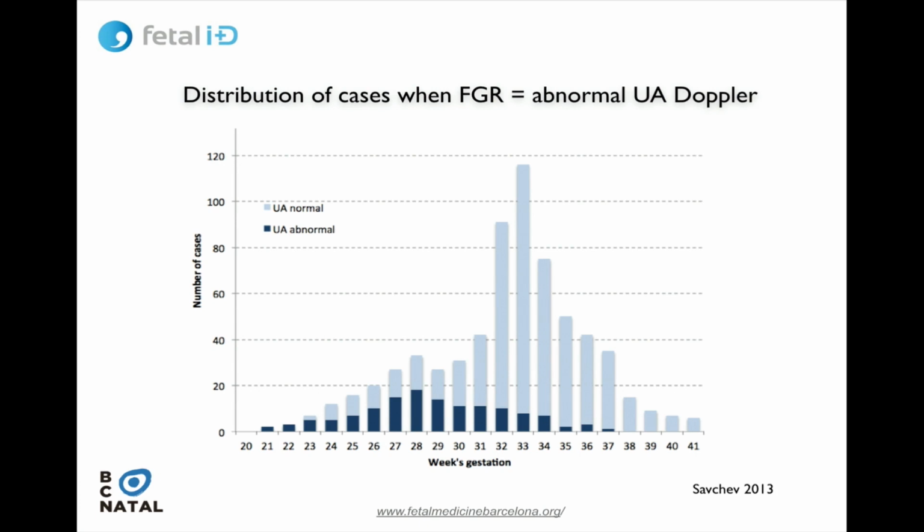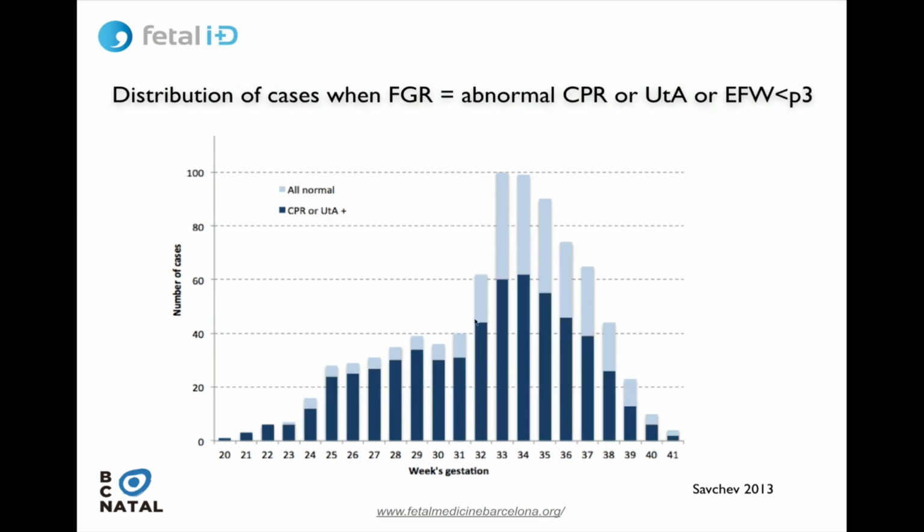You remember I showed you this graph. You take your whole population, you only measure your umbilical artery, and only a small fraction of these fetuses is classified as high risk, here in the dark lines. But when you combine the 3 parameters that I just mentioned, you change completely. It's exactly the same population, and you go from 15% of your population being high risk to 65%, two-thirds.